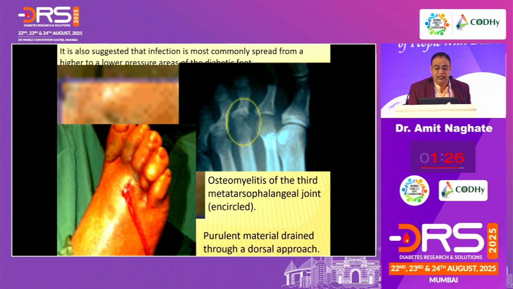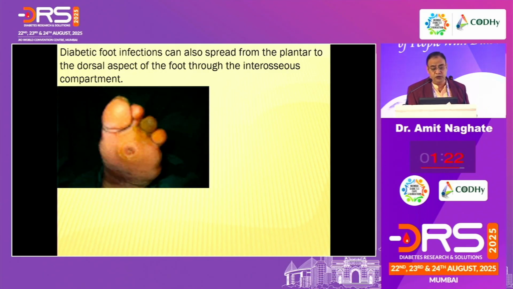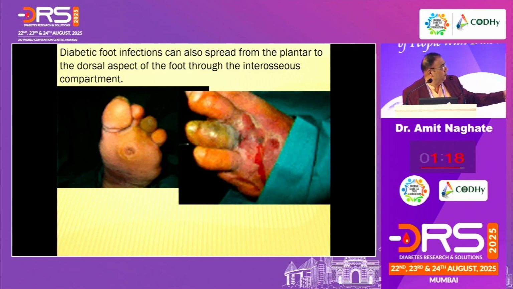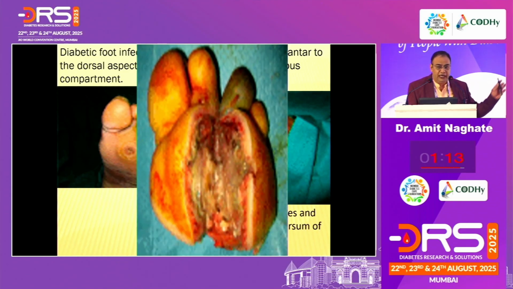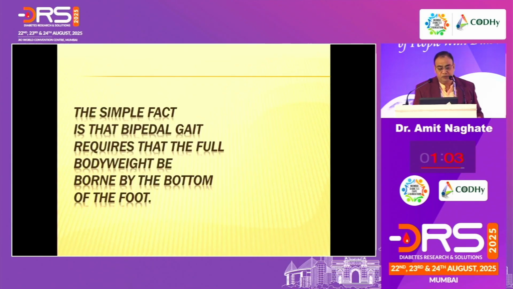The infection can also spread through the interosseous spaces or compartments, from the third metatarsal to the third toe. So we need to remove it completely because the interosseous compartment has been infected, so that further spread of the infection is prevented.